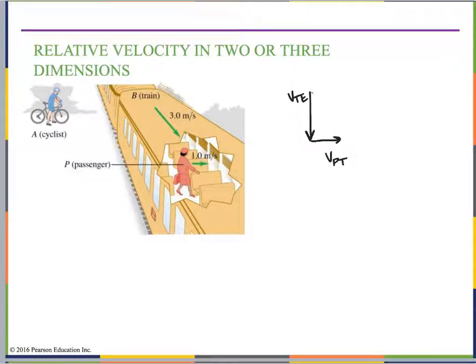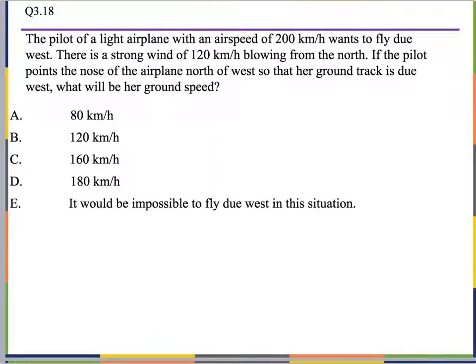When we add those two together, this is what it looks like the passenger does according to the bicyclist, and that seems to make sense, because the bicyclist will see the passenger moving with the speed of the train, which is in one direction, and then also moving perpendicular to that with her own speed, and then the result is the two added together. So here is a problem where we would try to use that information.